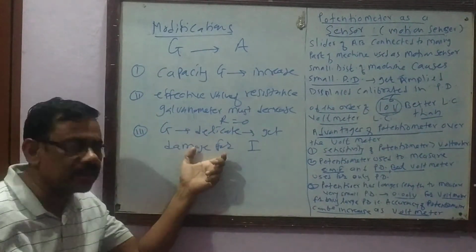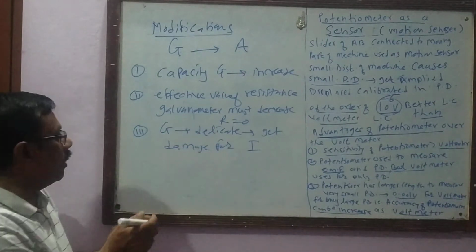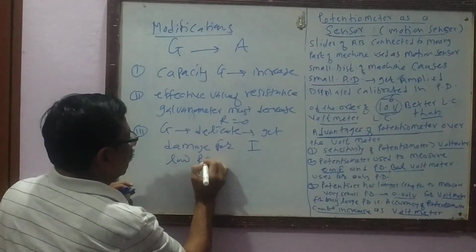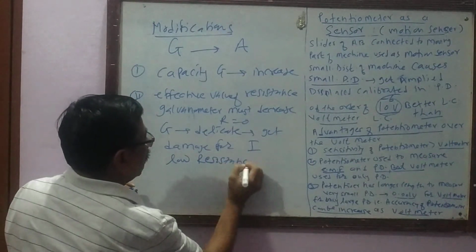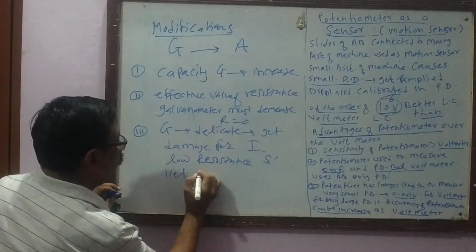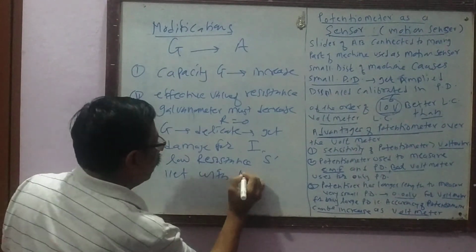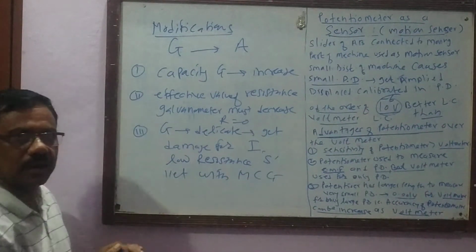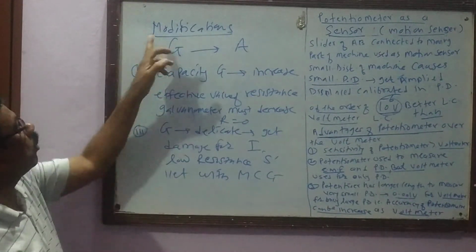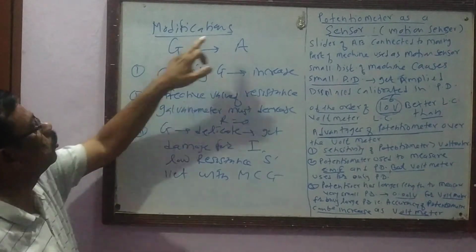In order to protect this coil, some low resistance, that is S, must be connected in parallel with the moving coil galvanometer. Now, these are the three modifications in order to convert the moving coil galvanometer into an ammeter.